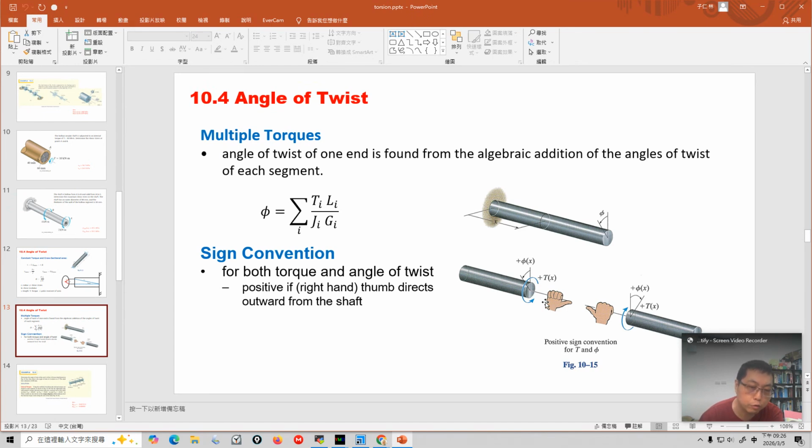On the contrary, if you use the right hand rule and it points into the surface, that's negative. Pointing outward to the surface is positive, and pointing into the surface is negative.